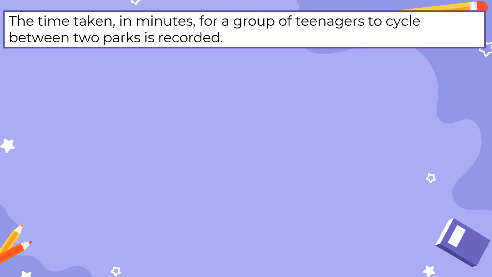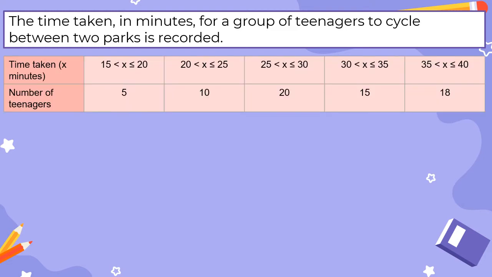For example, the time taken in minutes for a group of teenagers to cycle between two parks is recorded. For the time taken in minutes, x is greater than 15 but less than or equal to 20, and the number of teenagers is 5. x is greater than 20 but less than or equal to 25, the number of teenagers is 10.